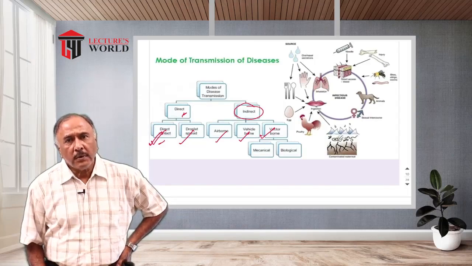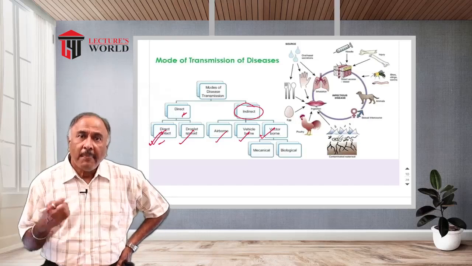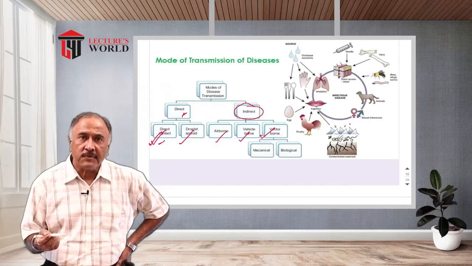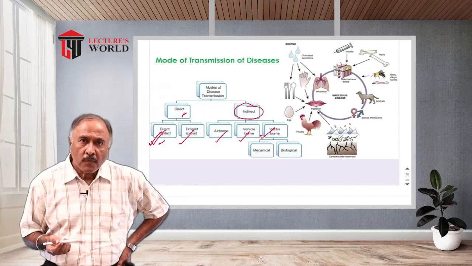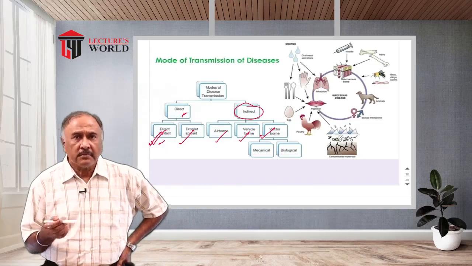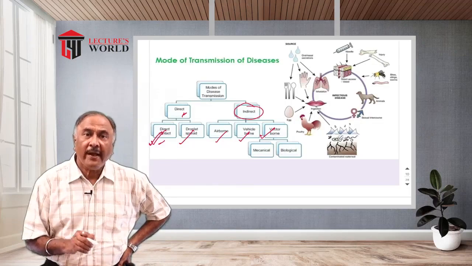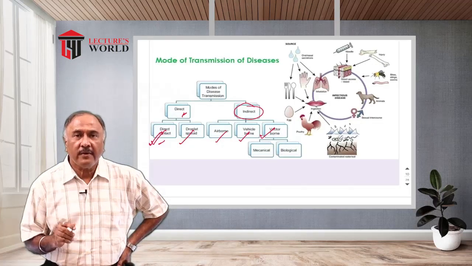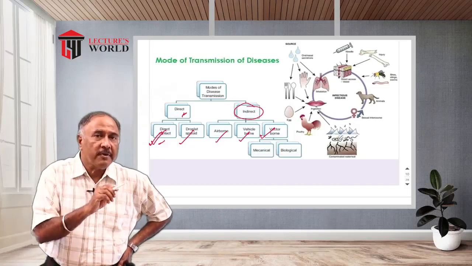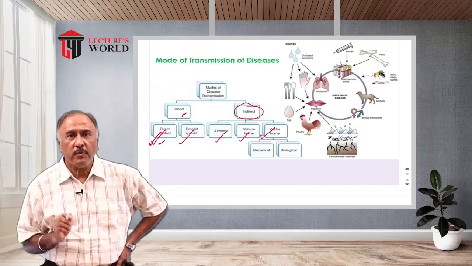In both dengue and chikungunya, the causative agent is a virus. But it is transmitted through a vector, and that vector is mosquito. So remember, there is a great difference between the causative agent and a vector. Vector simply carries that causative agent from the diseased to a healthy individual.